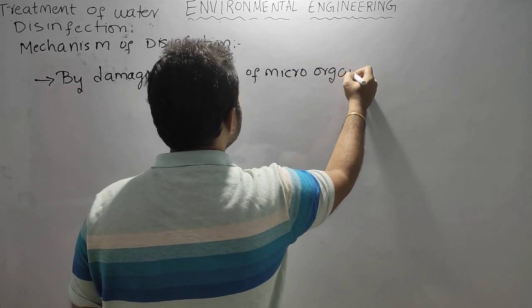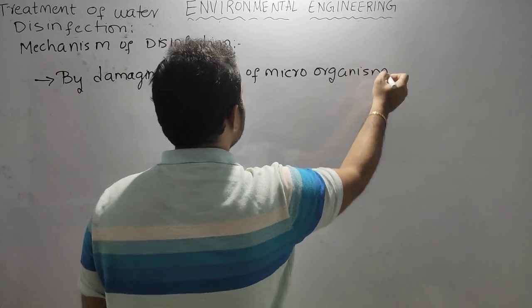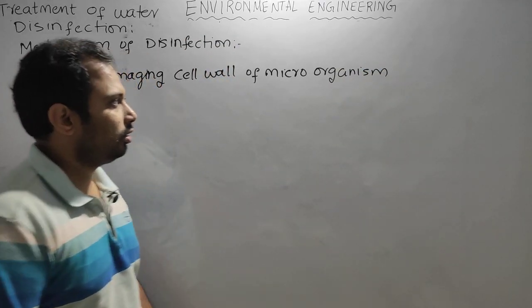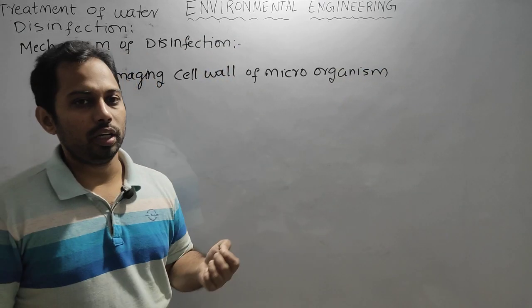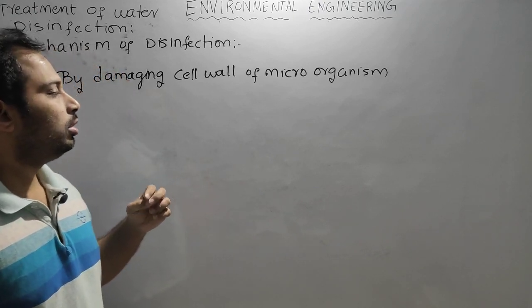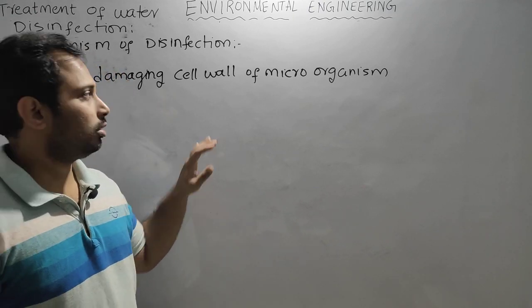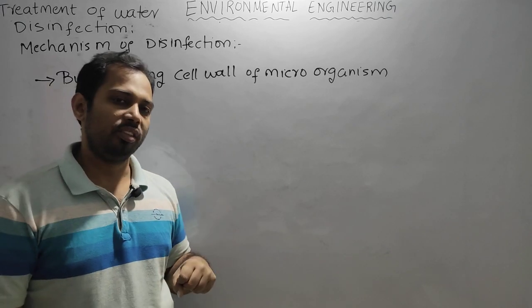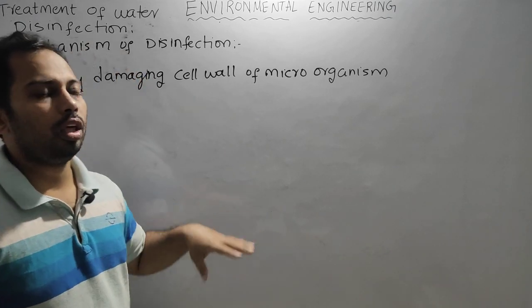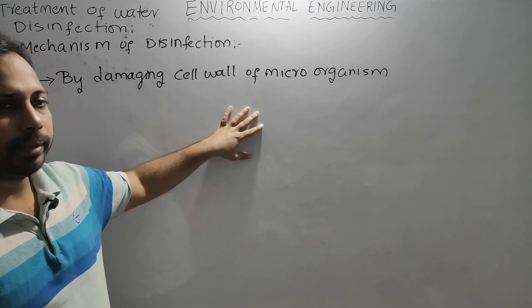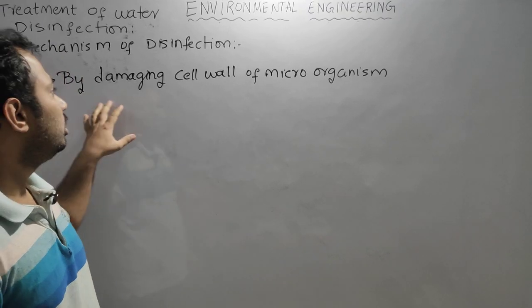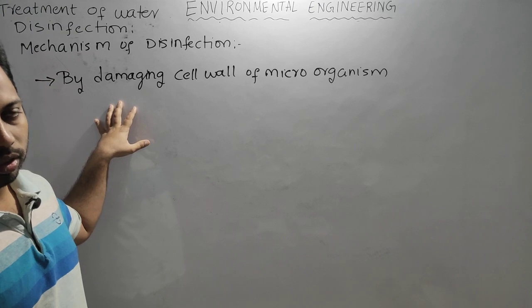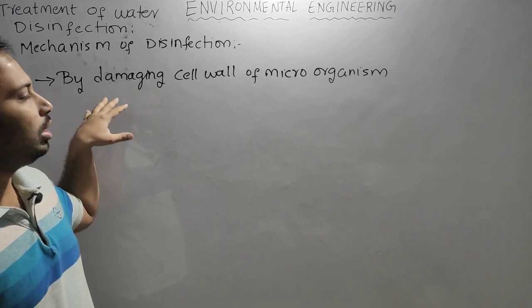In a similar fashion, the cell wall protects the body of a cell. Because it is a very small organism, the cell wall plays a very major role. It protects the organism. So if you damage the cell wall, the microorganism cannot sustain. So we damage the cell wall, by which we can kill the bacteria.